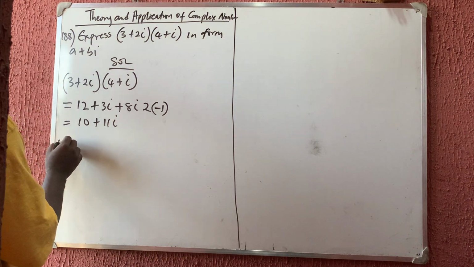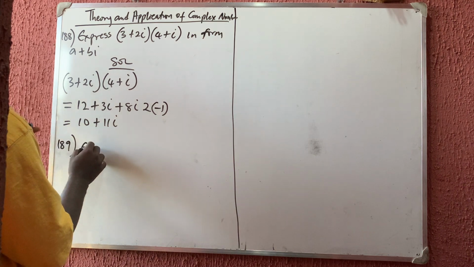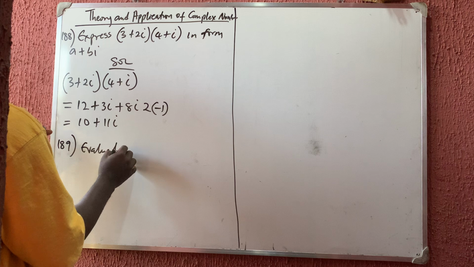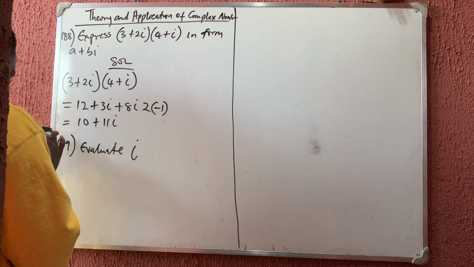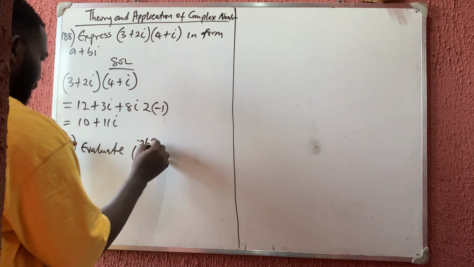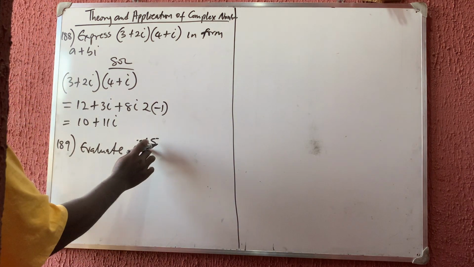Question number 189 said evaluate i raised to power 265. Okay, so now the shortcut to get this is what?